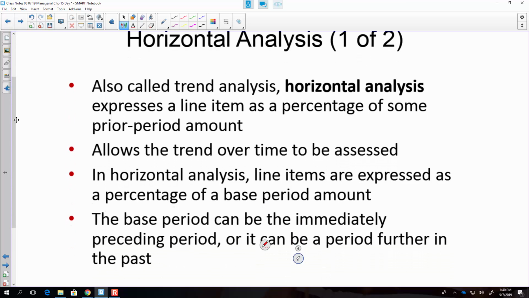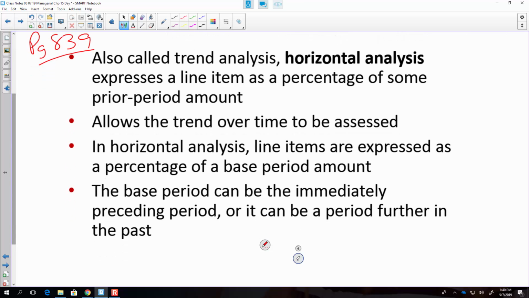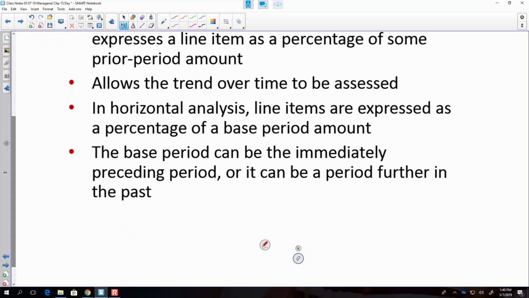It's called a trend analysis because it crosses multiple years. So we're going from period 1 to period 2 to period 3 to see how our operation is progressing year to year. We're looking at a base period.